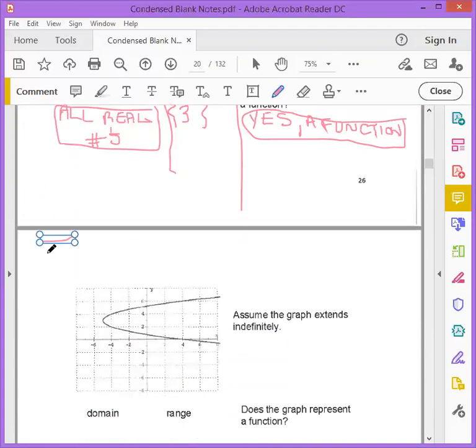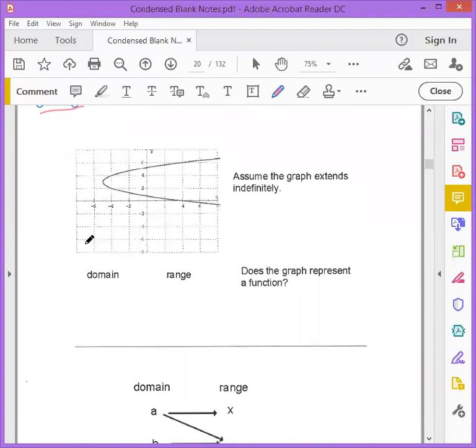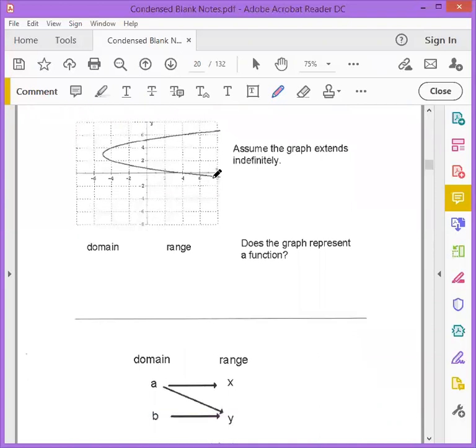All right, now let's look at another graph. We want to assume again that this graph extends indefinitely. So when we ask about the domain, we're looking for the possibilities of the x coordinate. We see a starting point here between -4 and -6, that'll be -5.